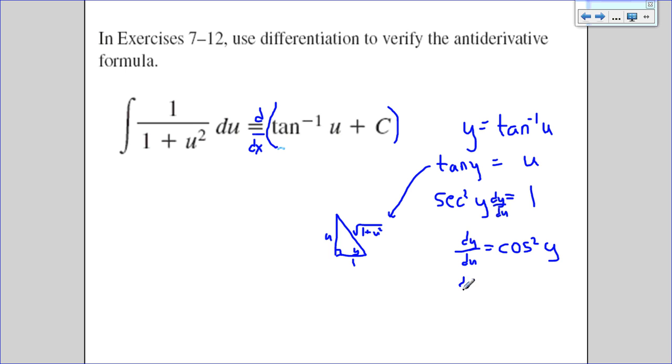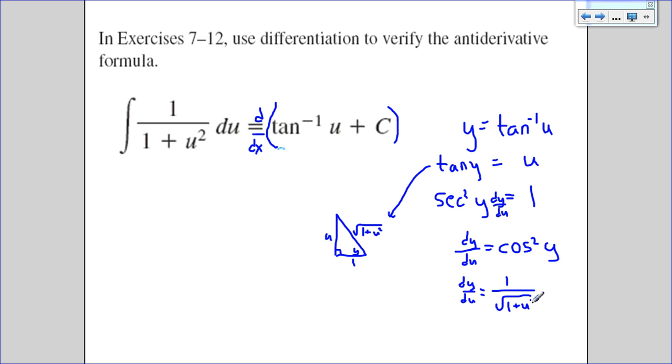So dy du, cosine is adjacent over hypotenuse, so we have 1 over the square root of 1 plus u squared.